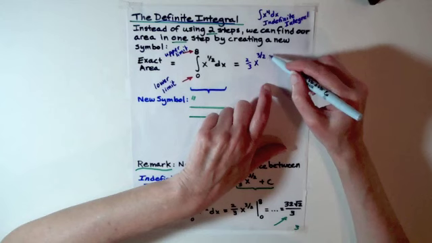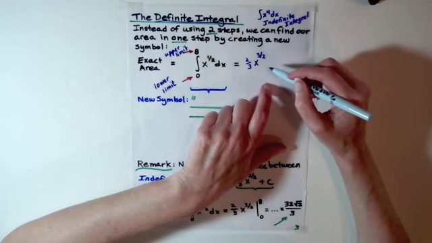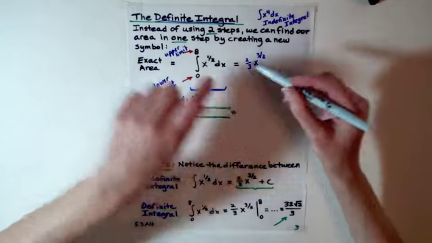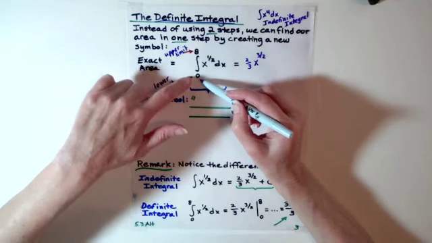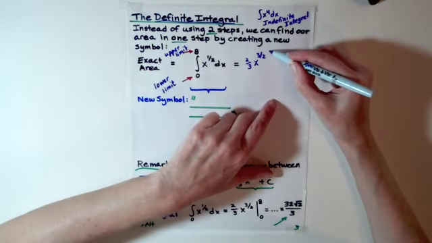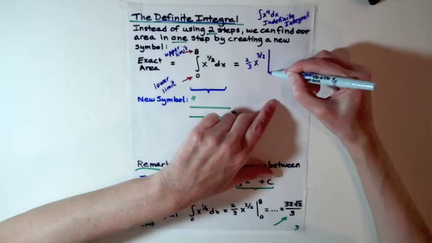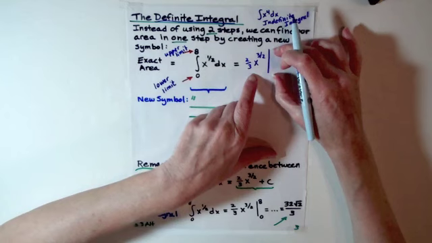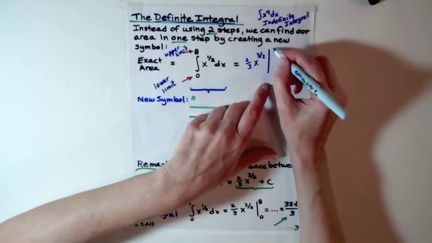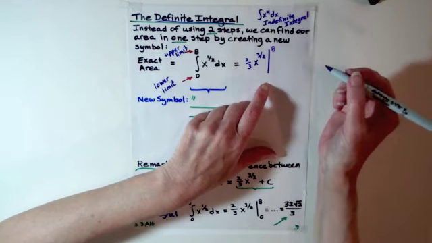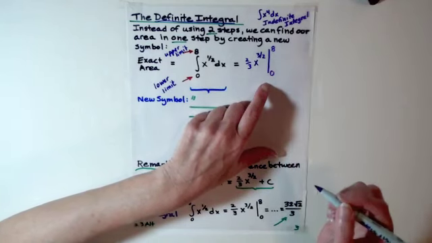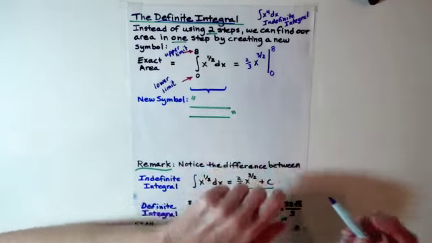So here's my antiderivative, but remember the fundamental theorem said we have to take that capital F of x, evaluate it at 8, and then subtract the value at 0. So we indicate that by putting a vertical line. The vertical line tells me I've already found the antiderivative, but it reminds me that I'm going to have to evaluate that antiderivative at my b value, which is 8 in this case, and then subtract the value at my a value, which is 0 in this case.